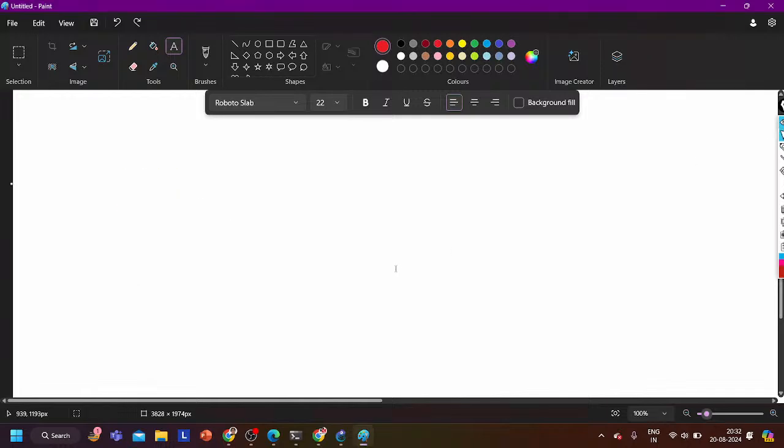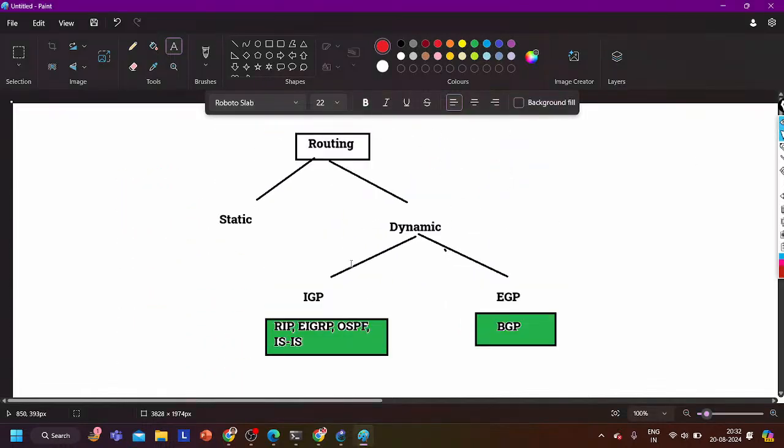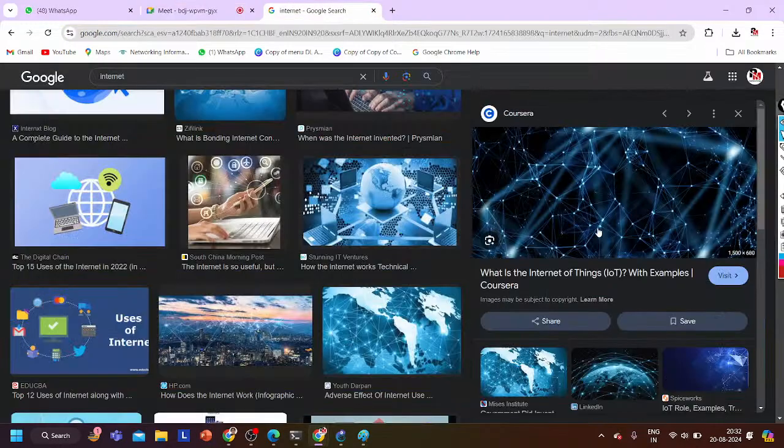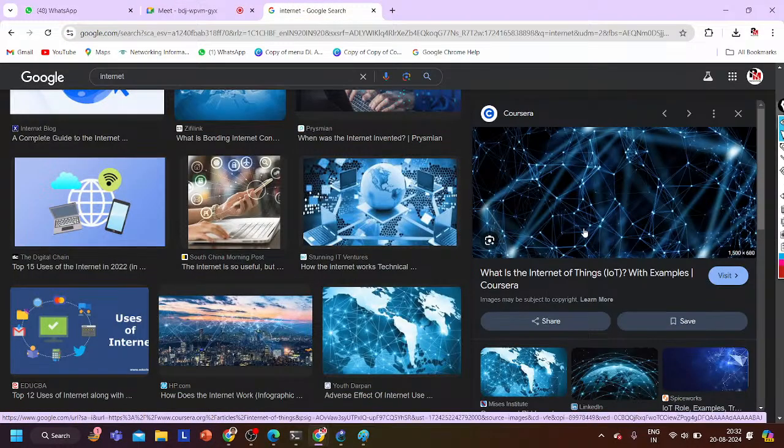So we need lots of attributes for path manipulation on the internet, so that we can configure the routing policies according to our business requirement. So BGP is very flexible for path manipulation. You will see you have lots of attributes that you can use.